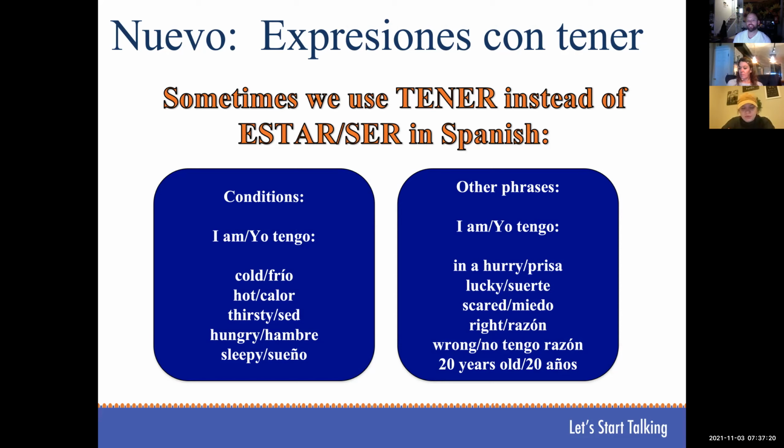Spanish, however, does not do this for certain, and there's about 10 of these or so, where in Spanish, instead of using the verb be, you have to say you have something. So in Spanish, we'd actually say, I have cold or I have heat. So you'd say, yo tengo frío.